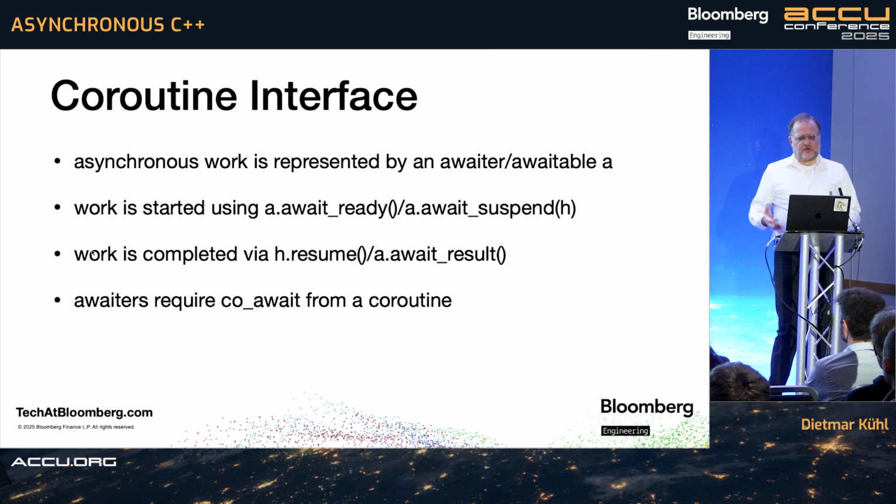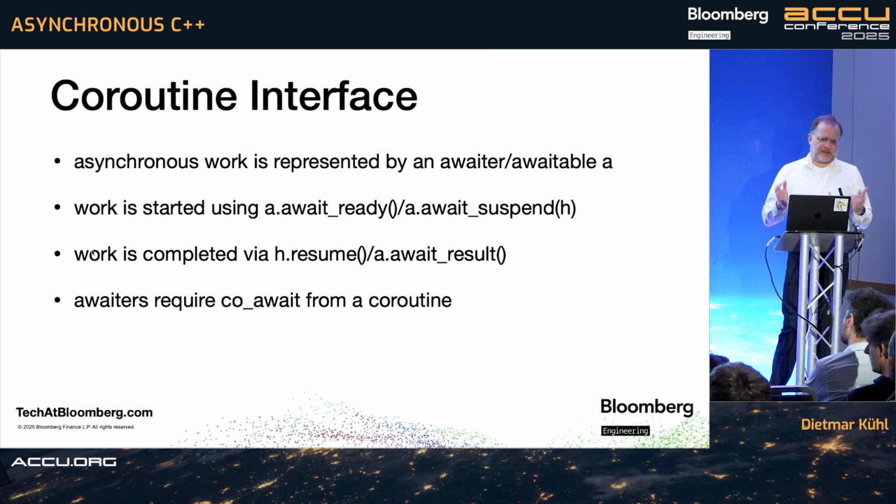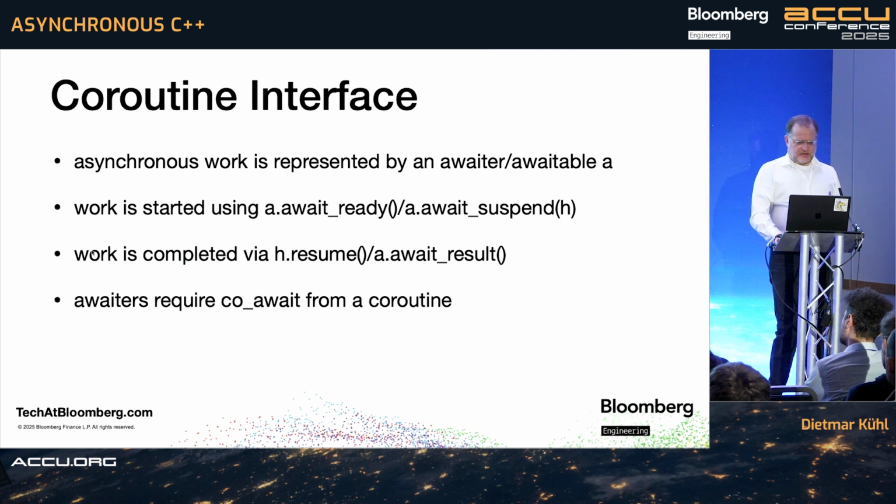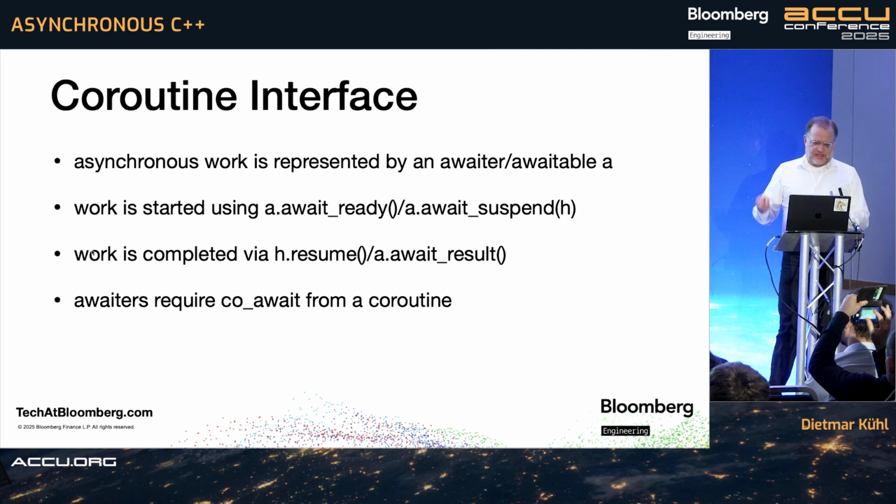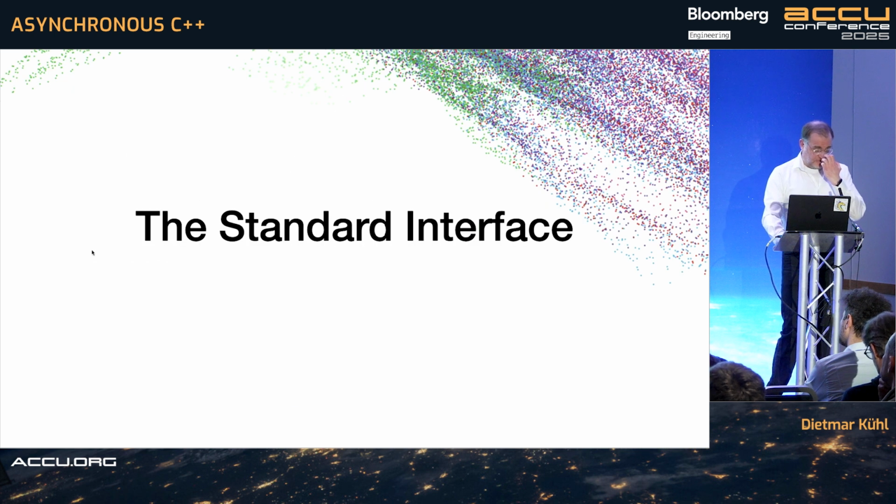And then await_resume is the function which the system calls to produce a result for co_await. This is the result type. And then awaiters require that you have a coroutine which understands co-awaiting them. But this is relatively straightforward.